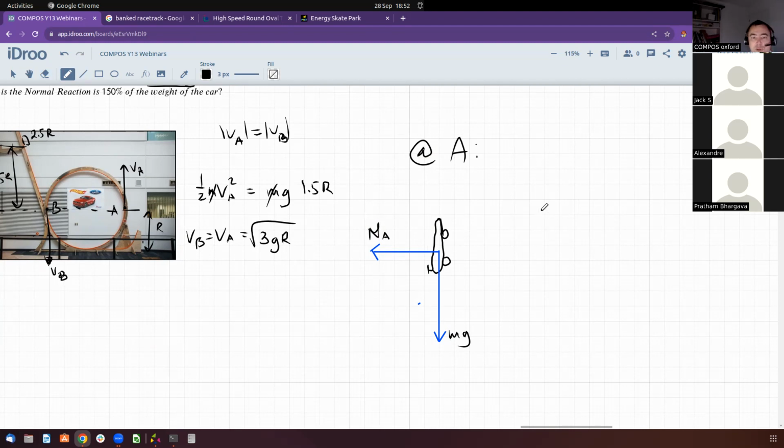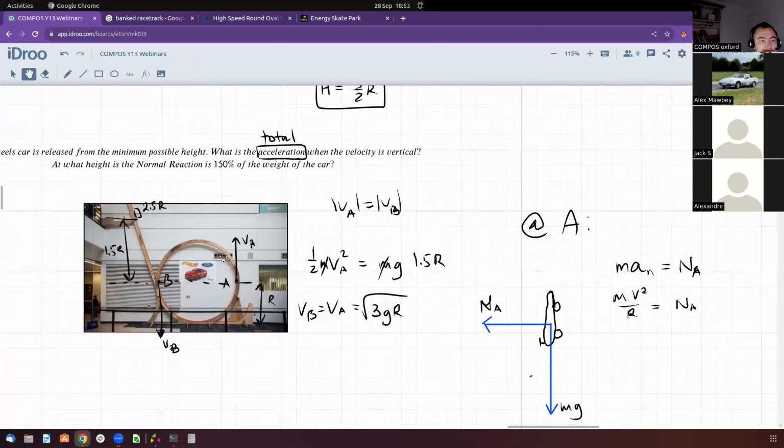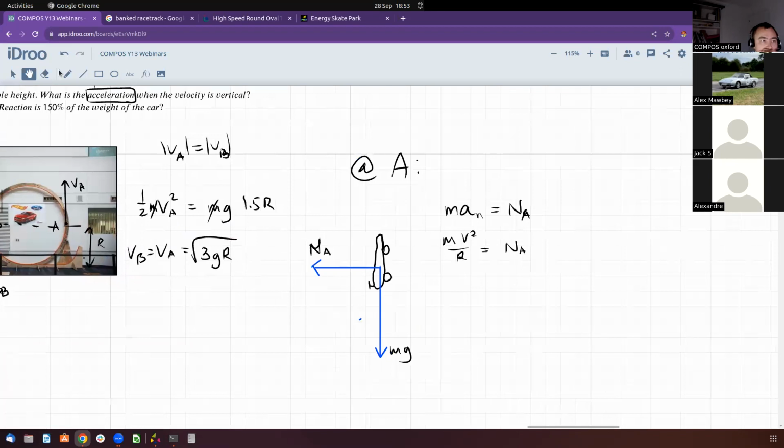Okay. So the centripetal acceleration, the normal acceleration, is due to N_A, and we know that mv squared over r equals the normal reaction at A. But we're not looking for the normal reaction, are we? We're looking for the acceleration, so we don't need that.